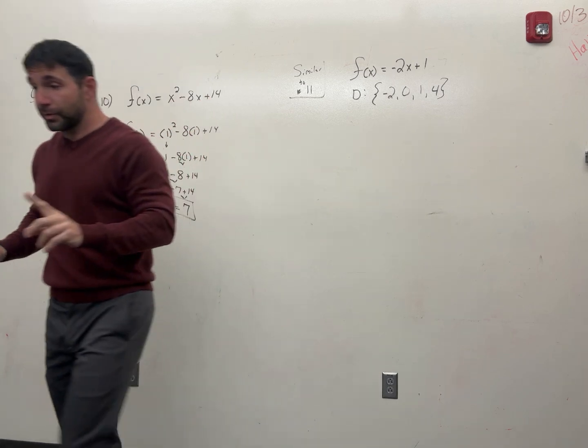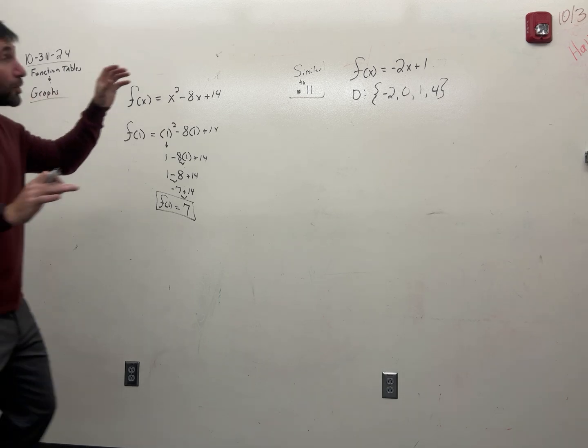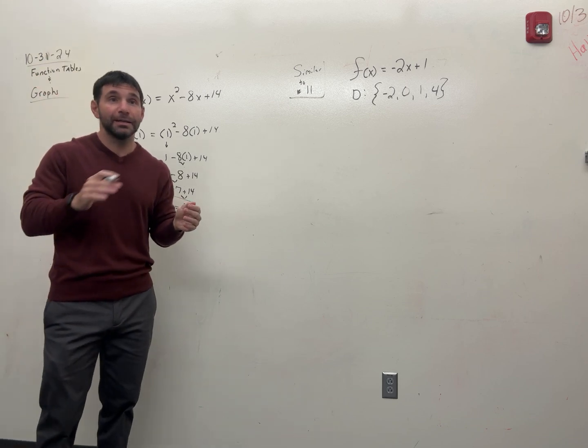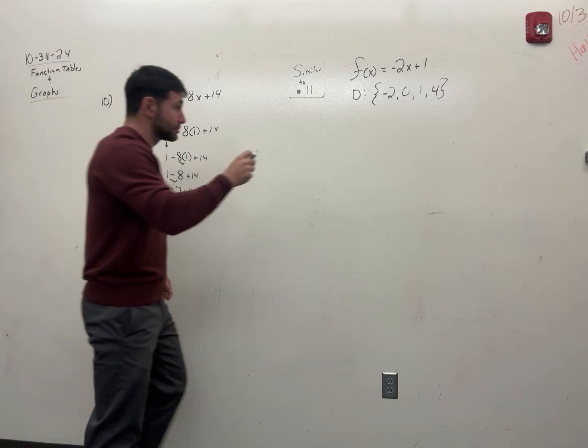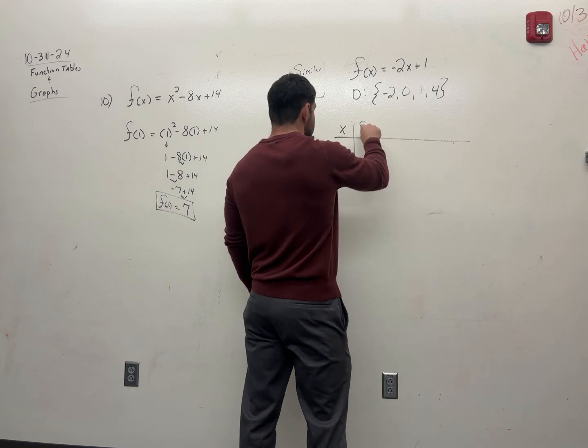Okay, now, it just says graph each function. Well, listen. When I don't have something like this, I would make a table. How do we make the table? Well, before I graph, I'm going to have my x.